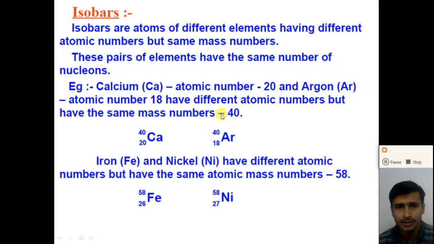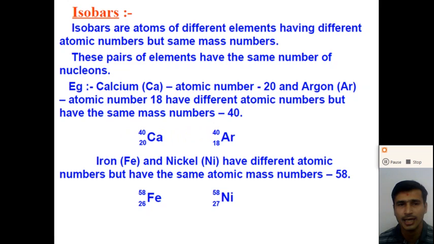For example, the atomic number of calcium is 20, and the atomic number of argon is 18. So both elements have different atomic numbers, right? But the mass number of both elements is the same, right?